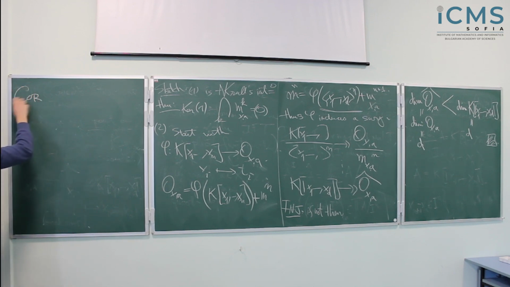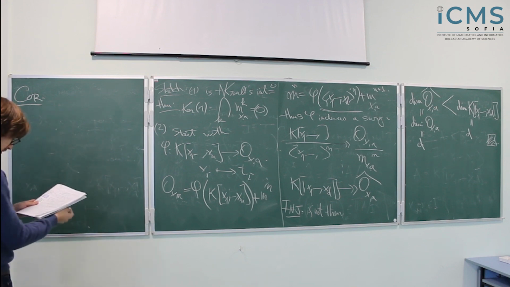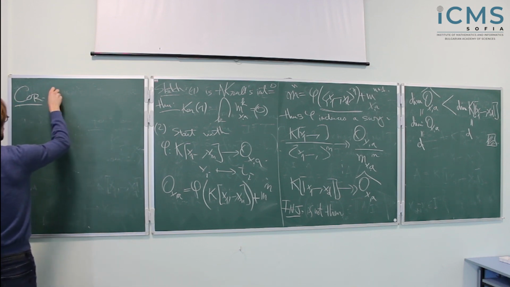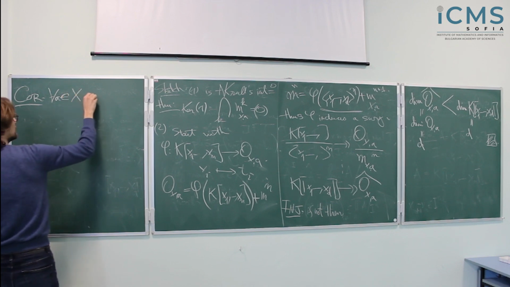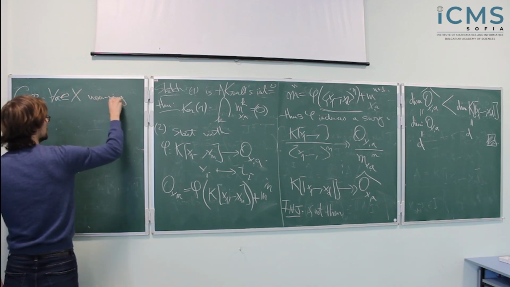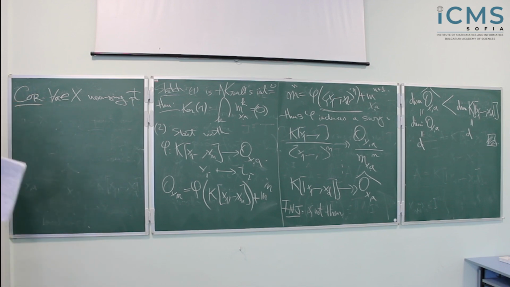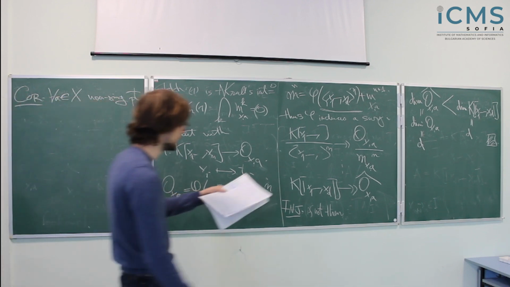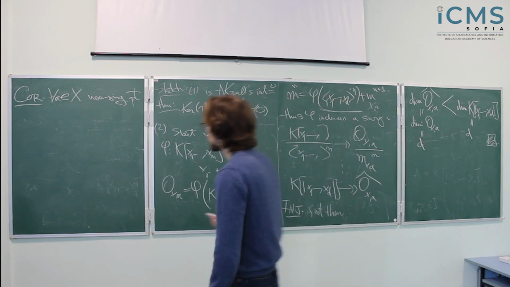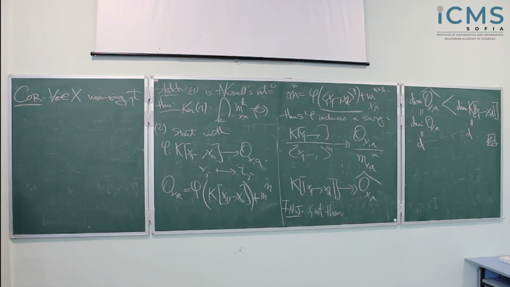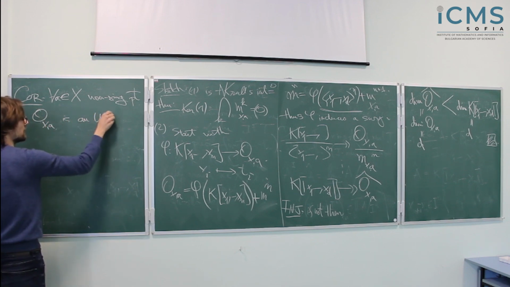There are several corollaries with this, but if I take a non-singular point, then its completion is given by this Cohen structure theorem, and the argument would be a bit complicated to reproduce here, but what this implies is that O_X,a, not completed, is a UFD.